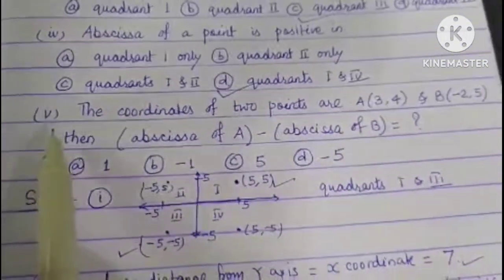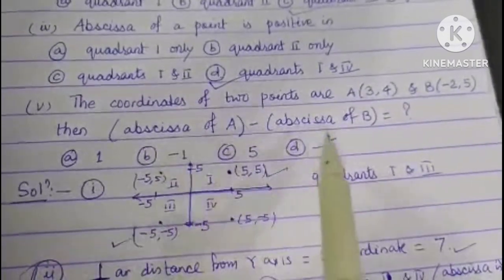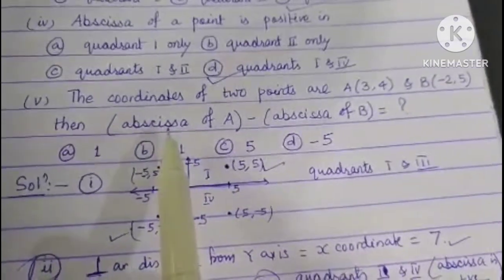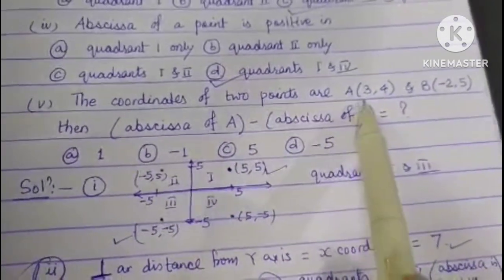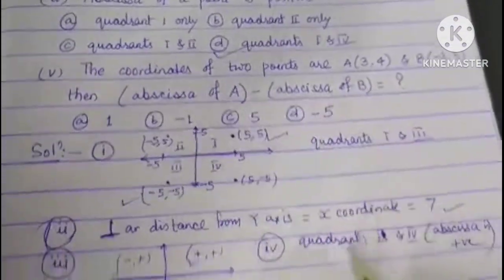Okay, fifth one, the coordinates of 2 points are this and this, then abscissa of A minus abscissa of B. First of all, we have to see what is abscissa. Abscissa is x coordinate, so abscissa of A will be 3 and abscissa of B will be minus 2. Now we have to do this one.